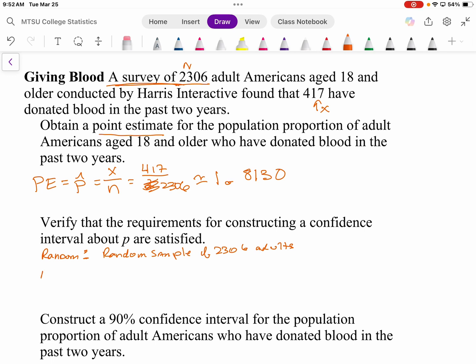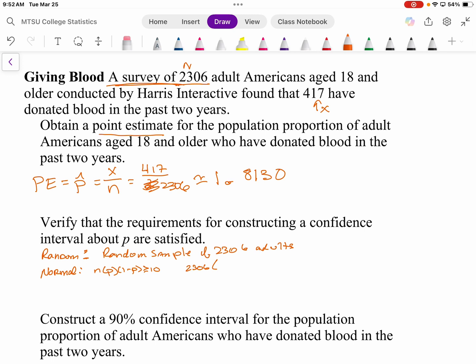Normal. Remember, our normal clause was n times p times 1 minus p. Is that greater than or equal to 10? So is 2306 times... now, you haven't caught me yet. And this is what happens sometimes when you don't look at an answer and double check.